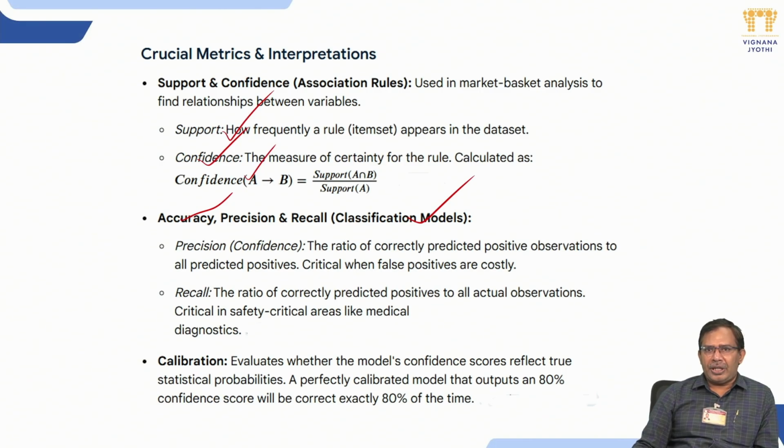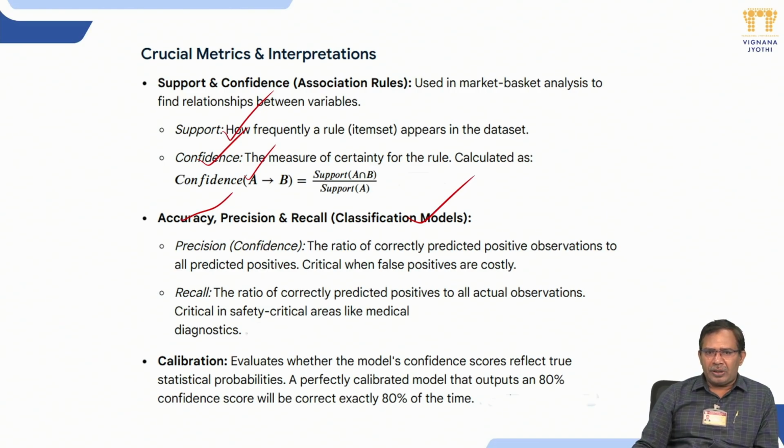There are 10 positive cases, out of which you predicted 9 cases, and 1 positive case you left out. It is defined as the ratio of correctly predicted positive observations to all predicted positives. So if there are 10 positive cases and you got 9, this is 9 by 10.